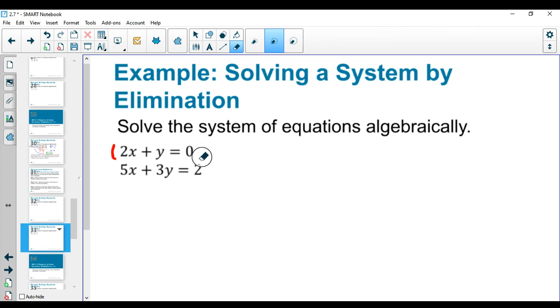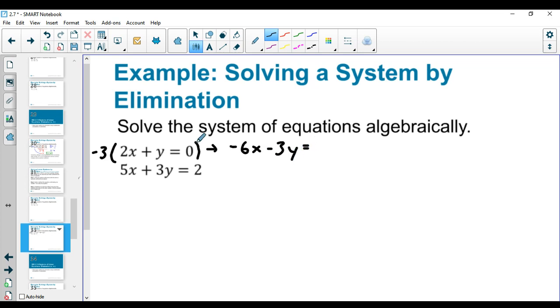I'll do it in black first. So I'm going to multiply everything by -3. Just be careful with the negatives. -3 times 2x is going to be -6x. -3 times y is going to be minus 3y. -3 times 0 is still just 0.